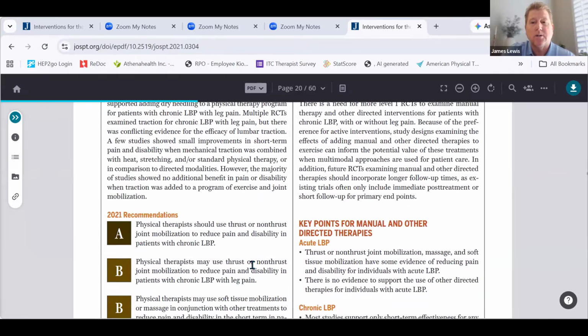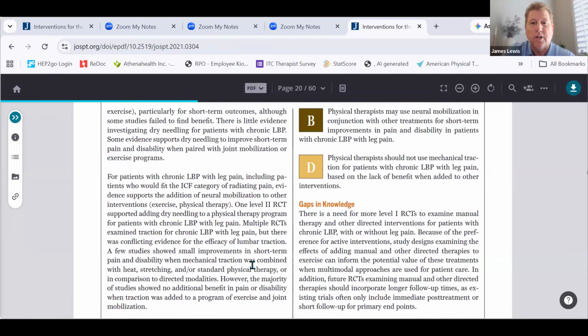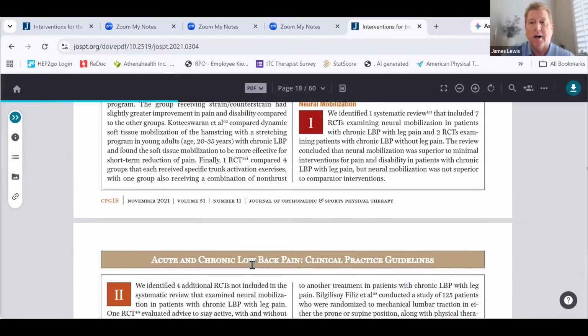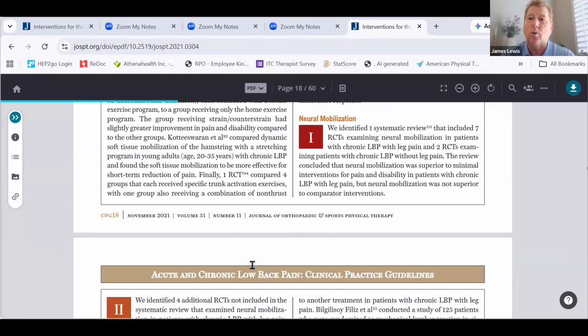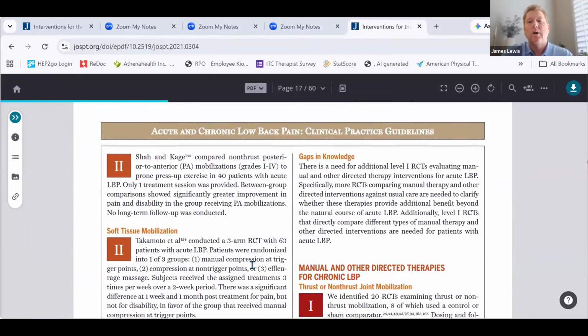So not so much from a manual therapy standpoint for the acute with leg pain. They're more kind of the acute back pain or chronic back pain with leg pain, not so much the acute leg pain. All right, so if we can kind of just imagine that's the document that we're going off of.